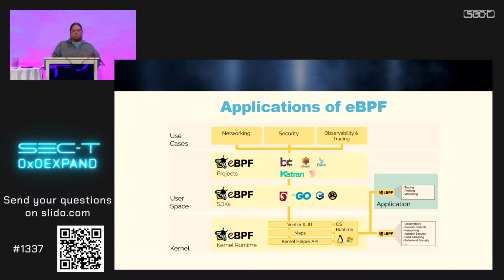And there are now products that you can use, such as Cilium or Falco, which are kind of Kubernetes-oriented observation platforms. There are SDKs, so you can write eBPF programs and load them using Go or C or Rust. And now at this point, there are OS runtimes that exist on both the Linux and Windows side.